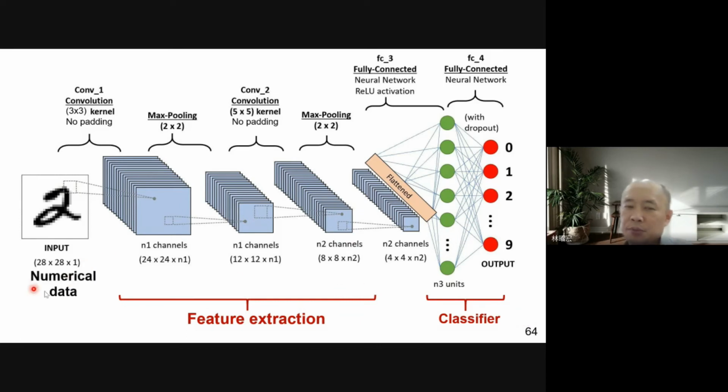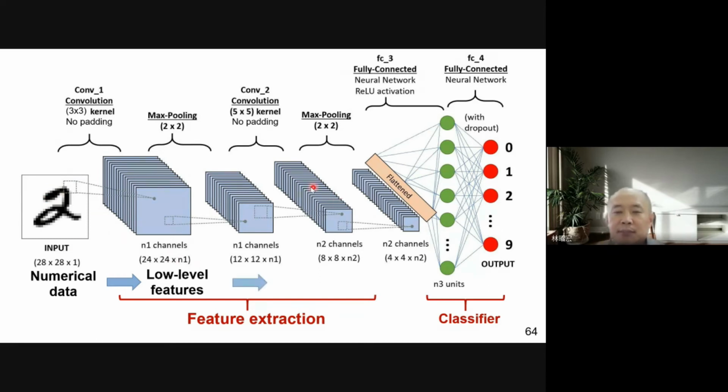The input is numerical data containing pixels, 28 by 28 pixels. Inside the image, there are only pixel values, so it's a set of values only. Then after the convolution layer, the extraction gives low-level features, such as some edge features from the input.